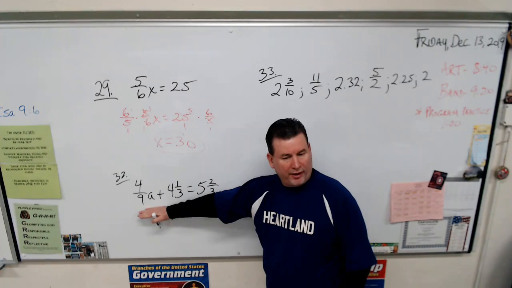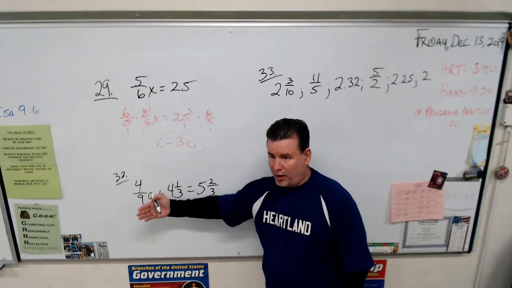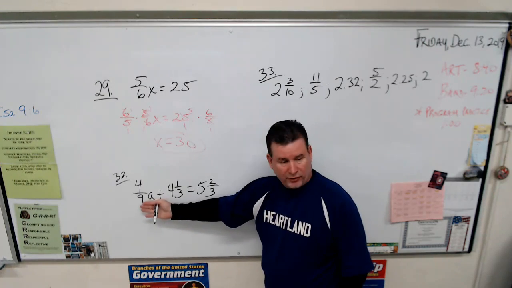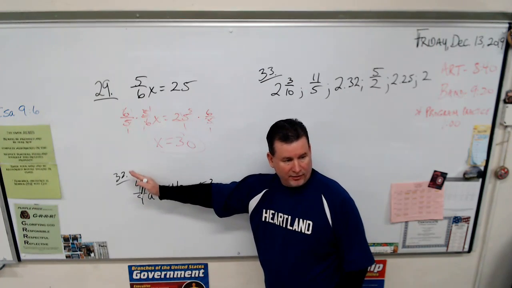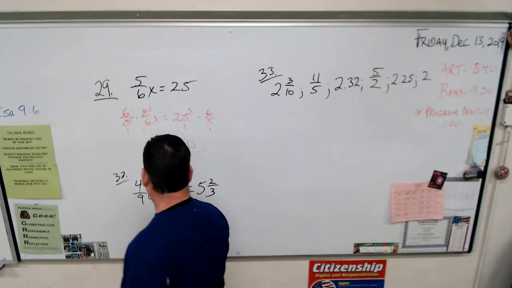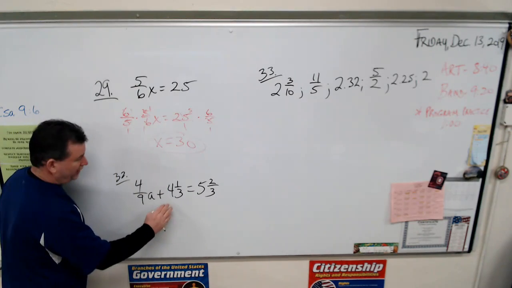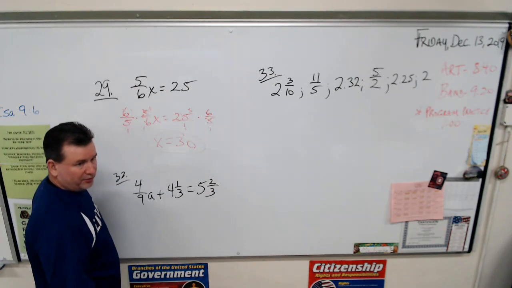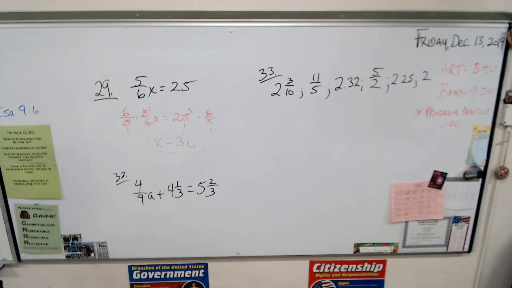All we're doing here is, instead of solving the problem in one step, we have to do 2 steps. Because the first thing we have to do is isolate the variable term. First thing is, get this 4 1/3 out of there. How do I undo plus 4 1/3? I subtract 4 1/3.